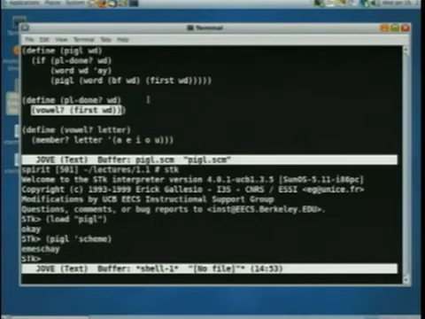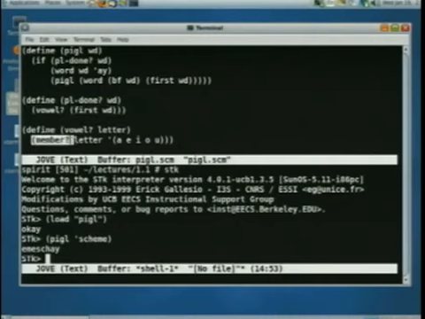We take first of word, and then we ask vowel?, true or false. How does vowel? work? That's not built in. But member? is built in. So we're saying, is this letter a member of A-E-I-O-U? If so, then it's a vowel. And so I take the word that I was given, and I add AY at the end.